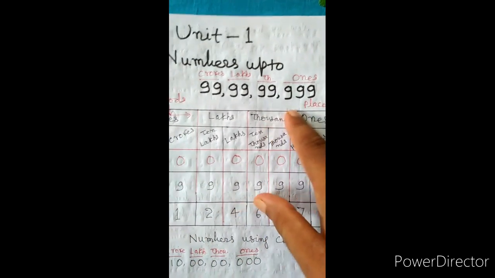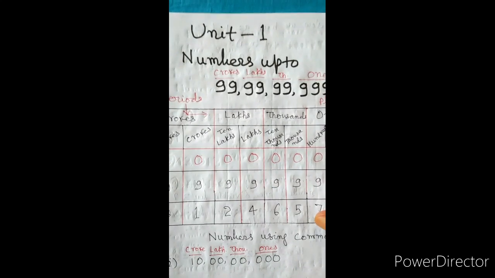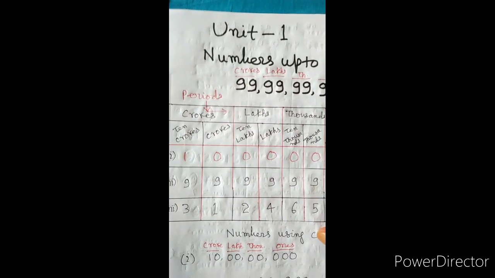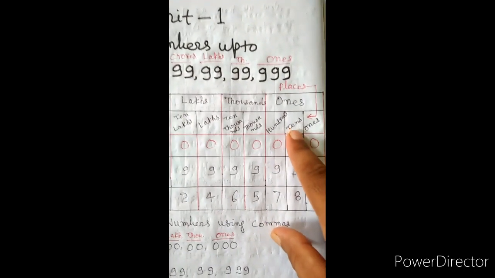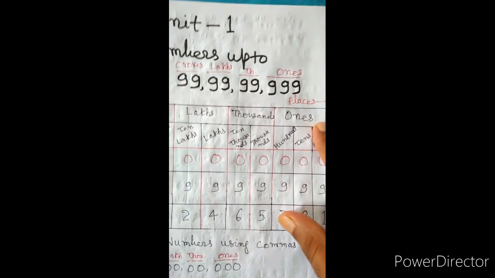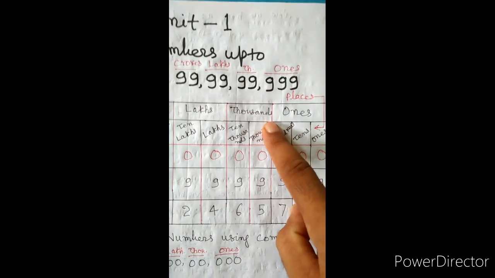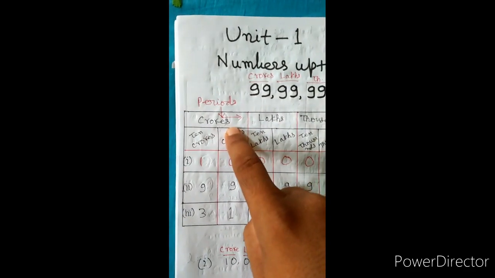These digits are placed in different periods and different places in the Indian place value system. Here are ones, thousands, lakhs and crores.